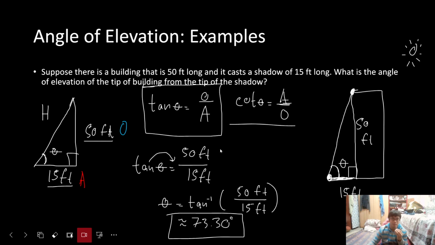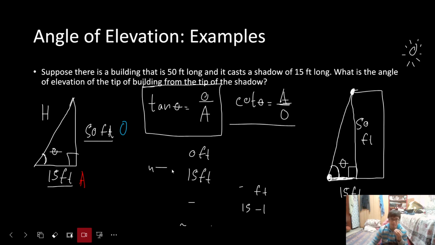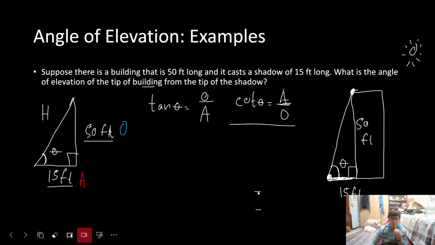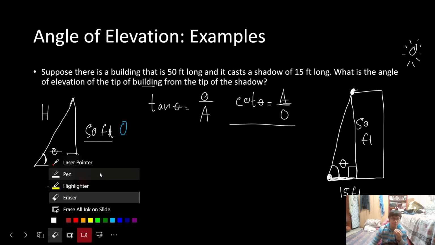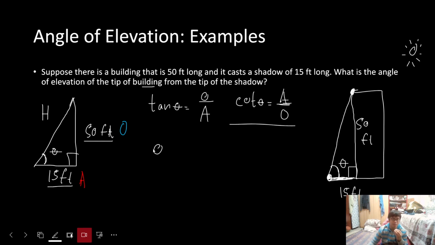Okay. So let me erase this one. All right. So basically, if you want to use cotangent by its alternative, you're going to use this one instead. If we have theta is equal to arccotangent of A all over O, you can just use arctangent of 1 all over adjacent all over opposite.